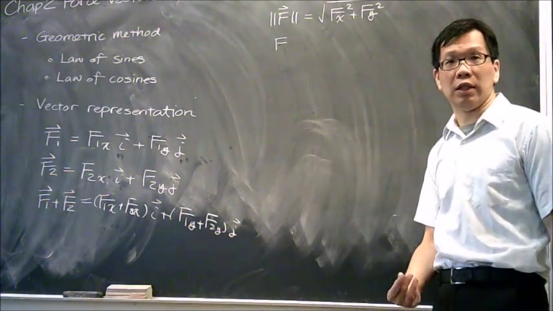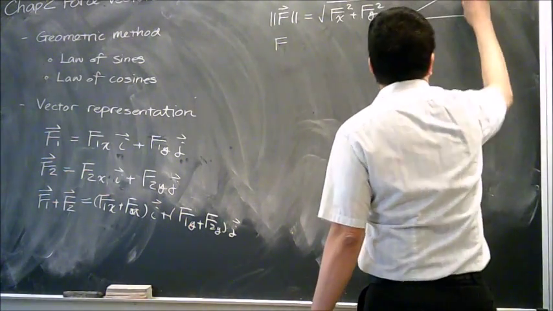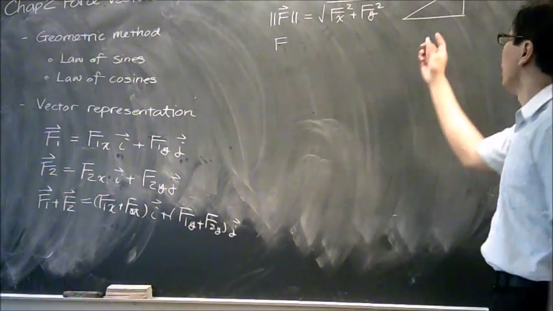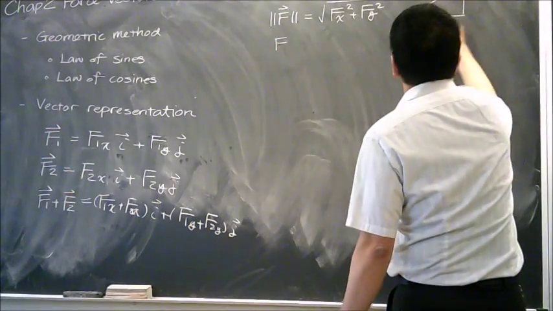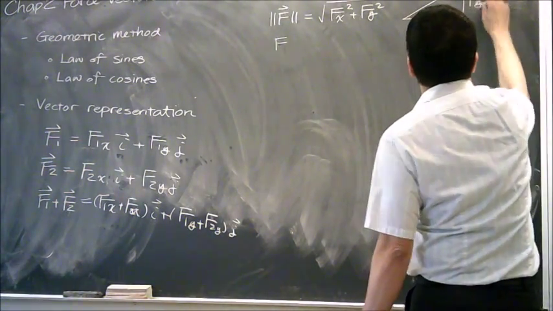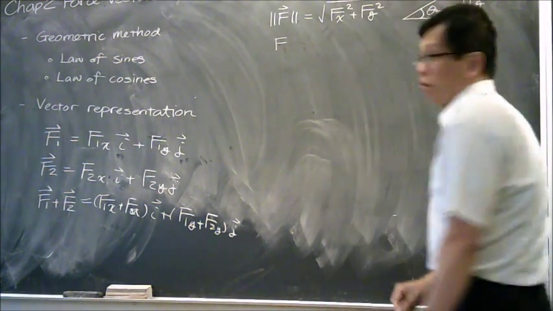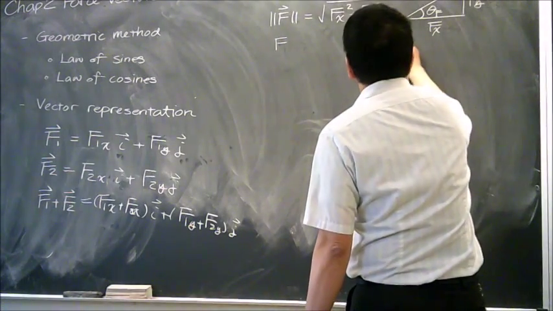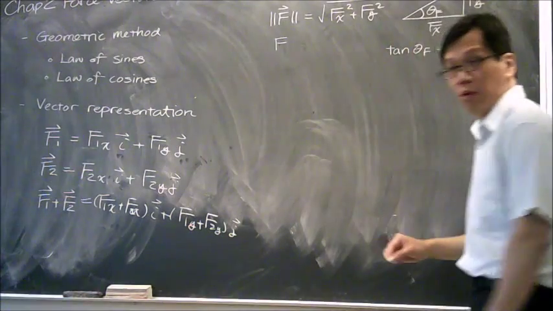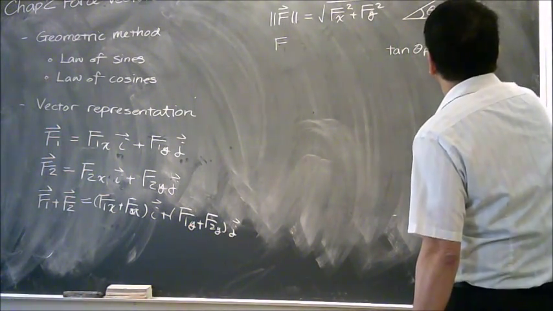How do we find the direction? Well, based on the triangular relationship, this is certainly going to be my fx. This is going to be my fy. If we say this one is my theta f, tangent theta f equals to what? y over x.